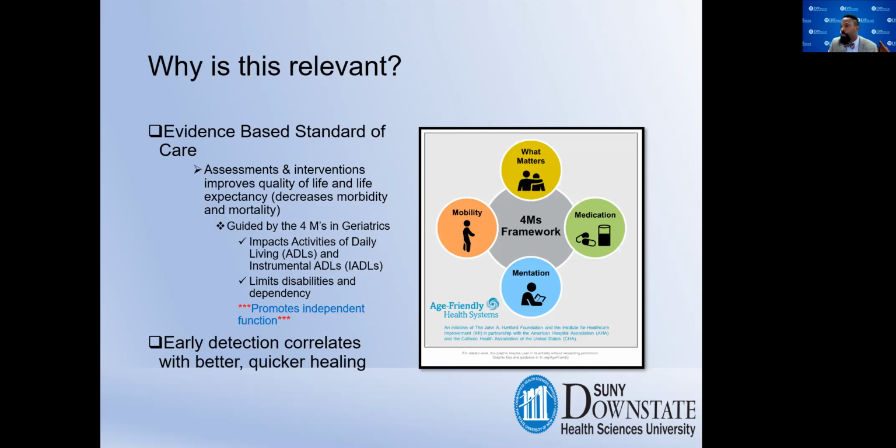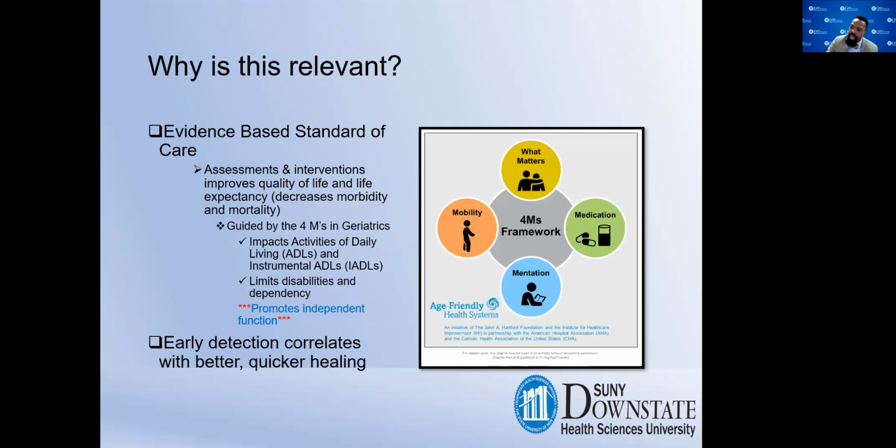It's not paternalistic medicine. It's not that the doctor says so, or the healthcare provider, the NP, or the PA says so, and therefore that's what it has to be. We work with the patient.